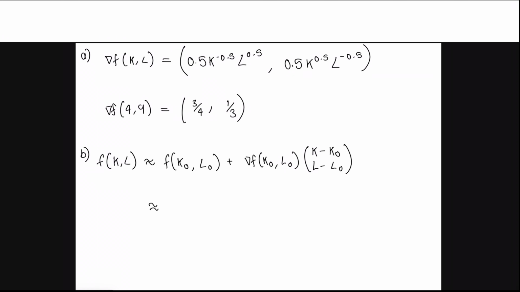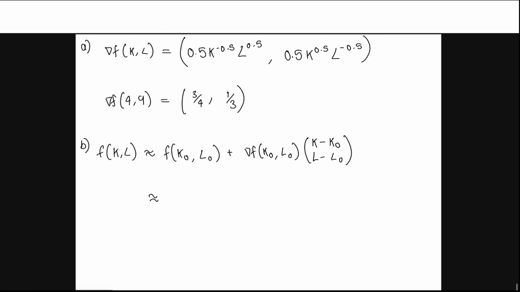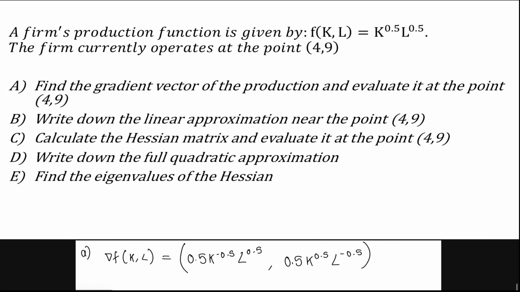Cool. If we start doing this, we get 6 + (3/4, 1/3) multiplied by (k − 4, l − 9). And so we get 6 + 3/4 (k − 4) + 1/3 (l − 9).